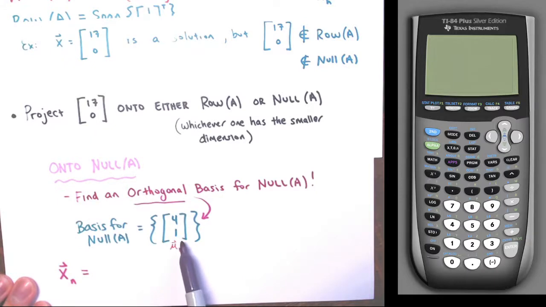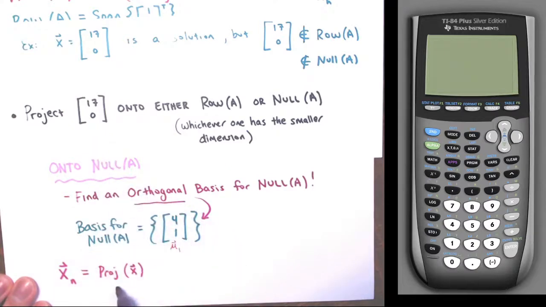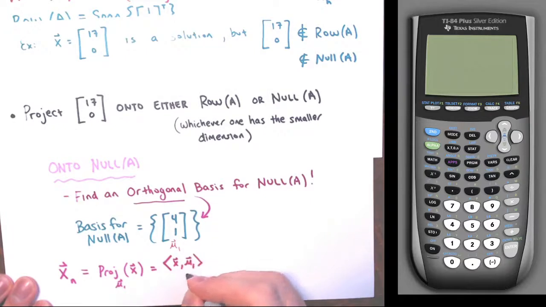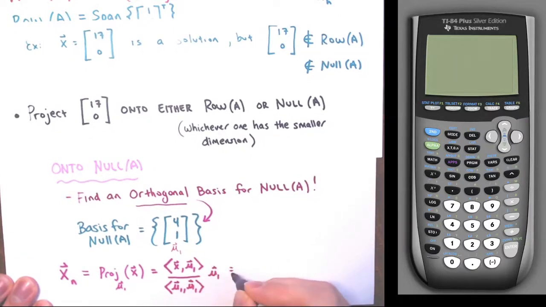There's only one vector here, so that's the projection of my vector x, 17, 0, onto u1. Remember the formula: the inner product of x with u1, divided by the inner product of u1 with itself, times u1.